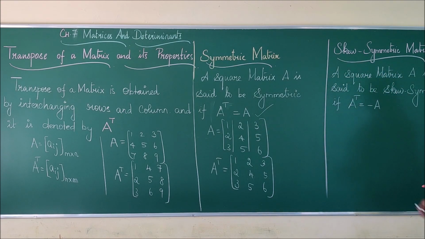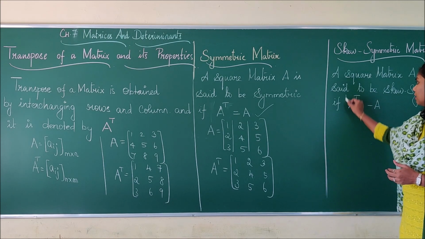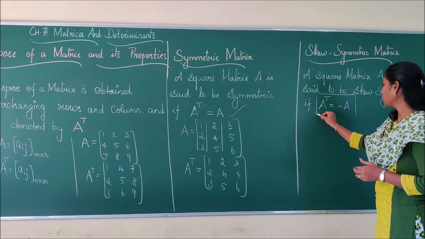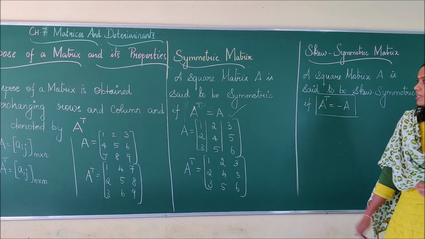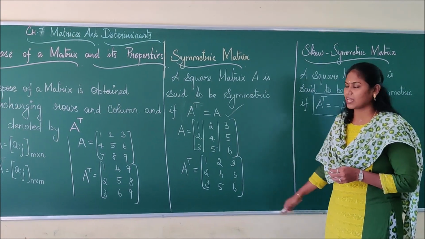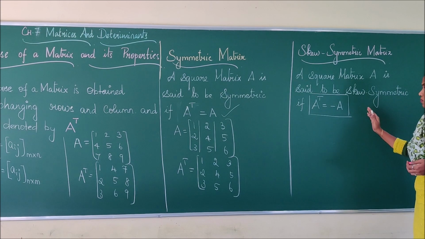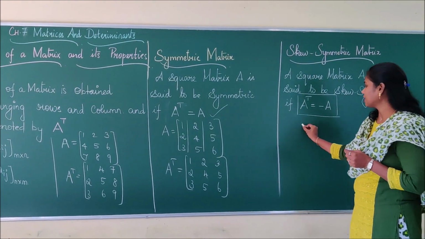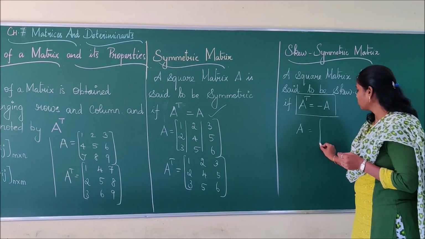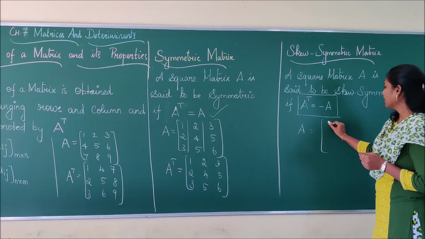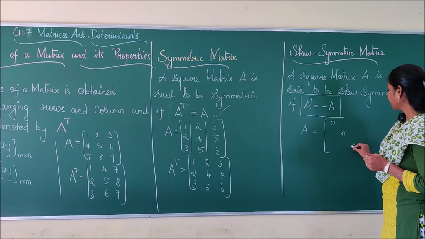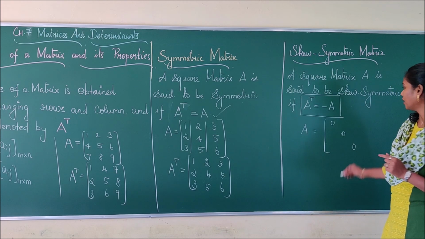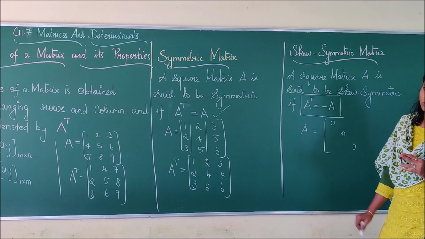Next we'll go for the skew symmetric matrix. A skew symmetric matrix is nothing but A transpose is equal to minus of A. Here it is just equal to A, but in the case of skew symmetric, it is equal to minus of A. See, we will see an example. A is equal to, in this case, my diagonals would always be 0, because the skew condition exists only if the diagonals are equal to 0, right?